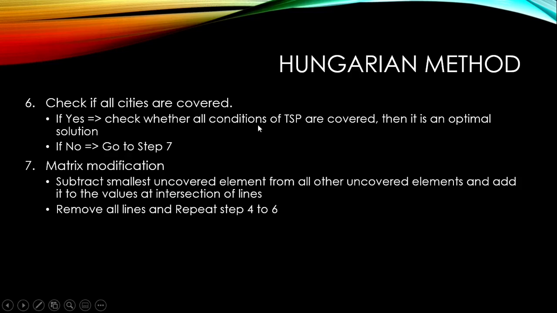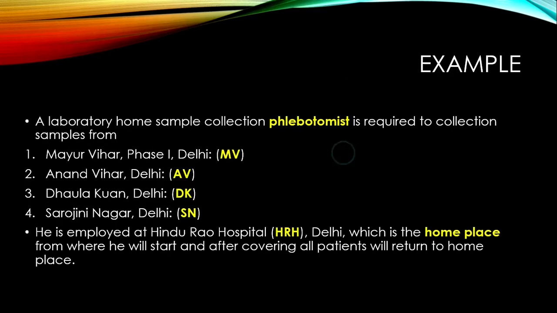If all the conditions of traveling salesman problem are covered, then the solution obtained is optimal solution. If not, then we go to step 7. In step 7, we modify the matrix further. So these are the steps of Hungarian method for manual calculations and obtaining an optimal solution to traveling salesman problem.